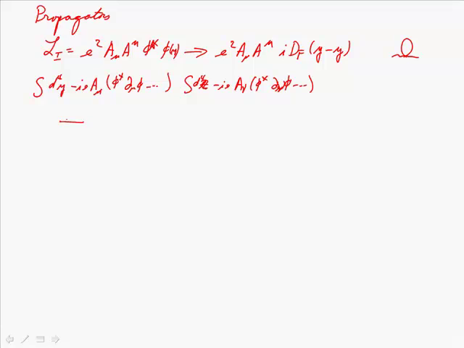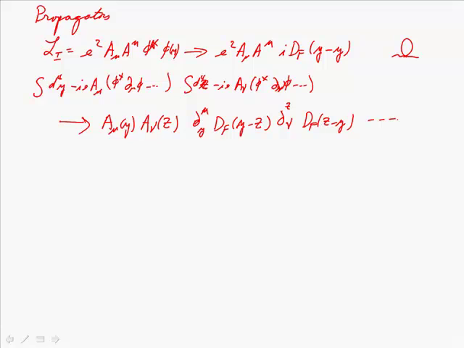That turns into, there's an A mu of y, A nu of z. Turns into some things that look like derivative mu with respect to y of DF of y minus z, and d nu with respect to z of DF of z minus y, things like that, okay, plus other terms. And that then turns into things that look like that.